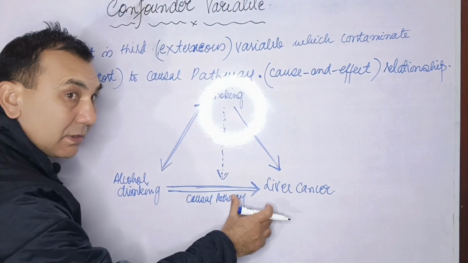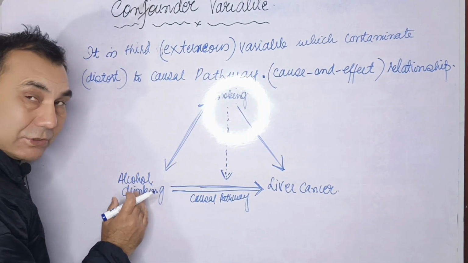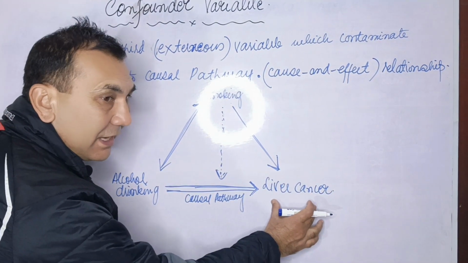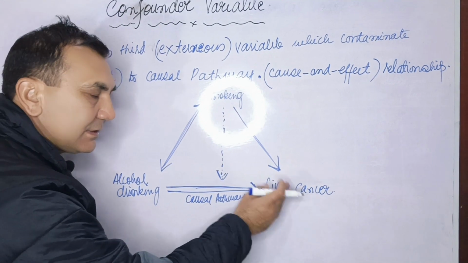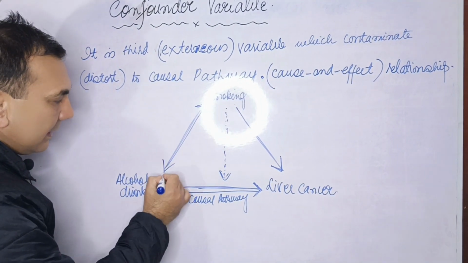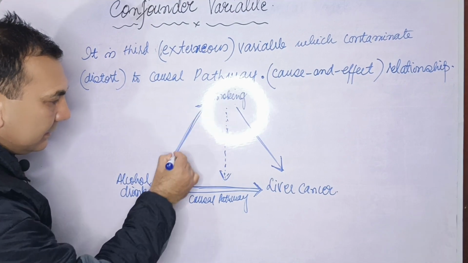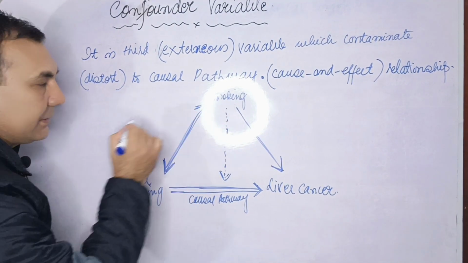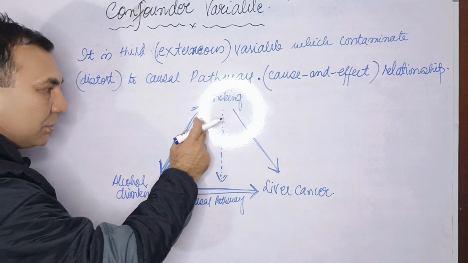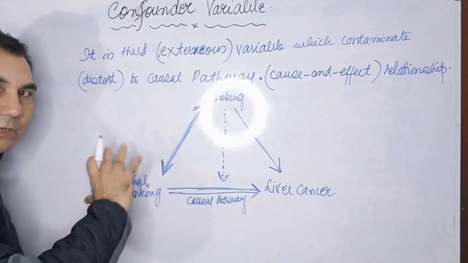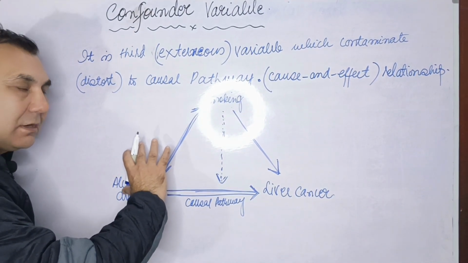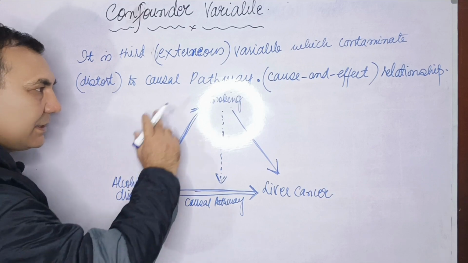This is the actual cause, and the liver cancer is the effect. Now see here, between the smoking and the alcohol the arrow is two-sided. It means the alcohol and the smoking are interrelated with each other, but they are not the cause and effect of each other.